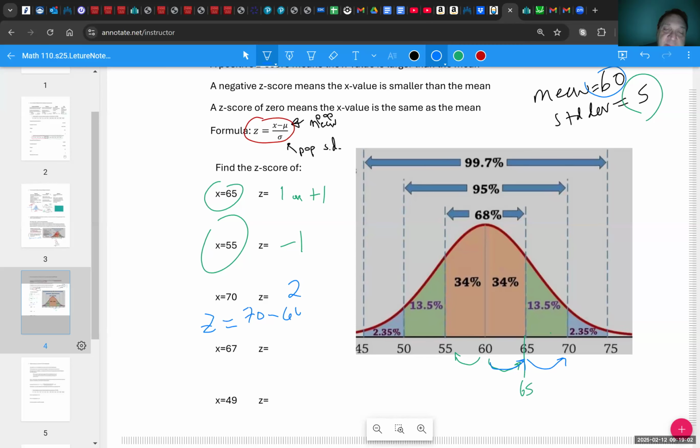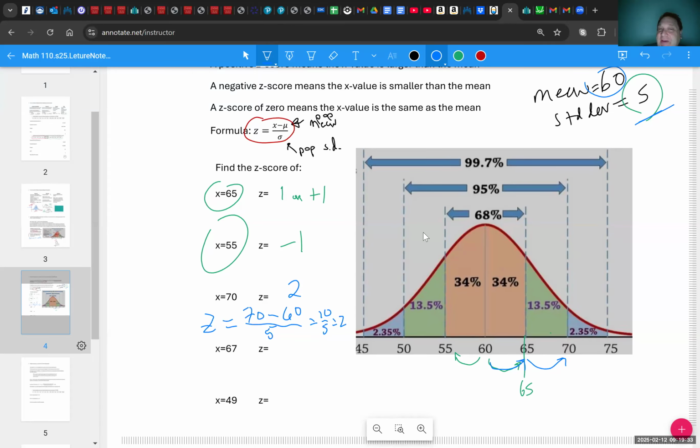Then it's divided by sigma, the population standard deviation, which once again is 5. So our calculation for z is x minus mu over sigma: 70 minus 60 over 5. 70 minus 60 is 10, and 10 divided by 5 is, in fact, 2. So if you don't want to think about adding 5 twice, you can just put it into the formula and get the same result.